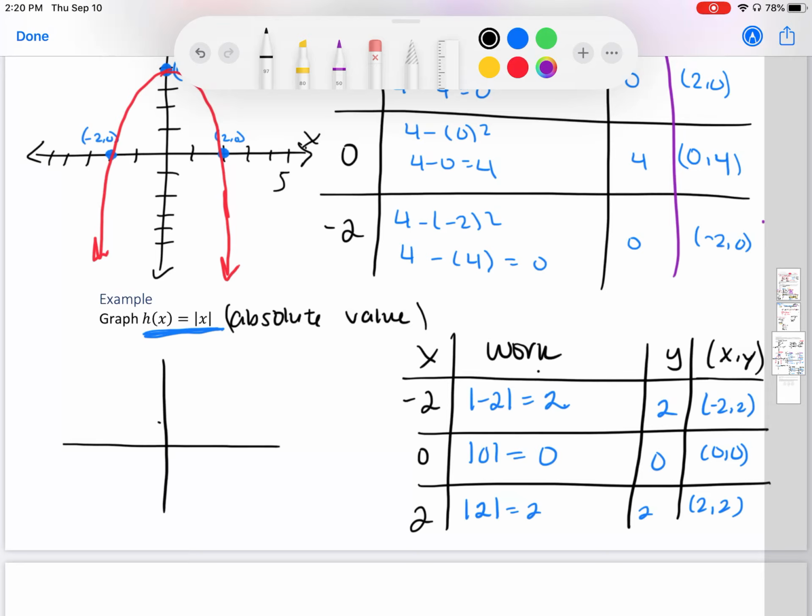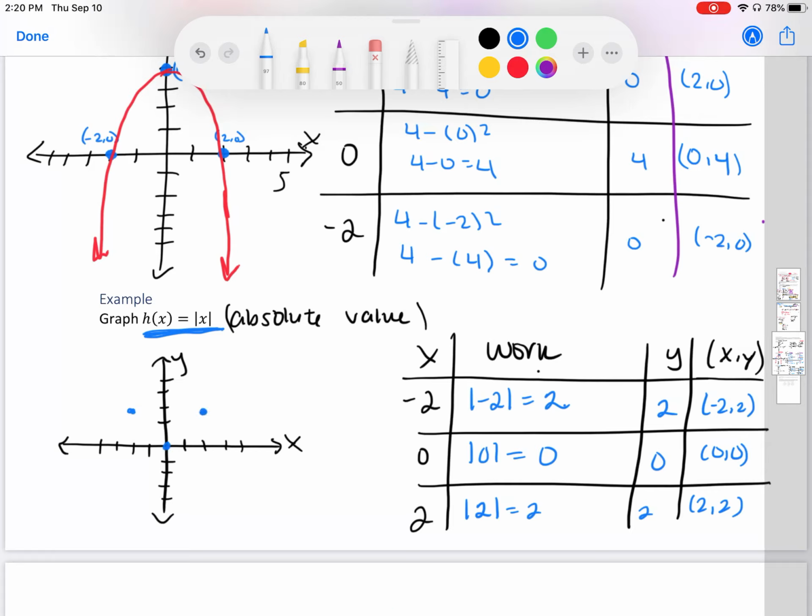I think 4 tick marks on each side should be enough. Okay, so I have (-2, 2), (0, 0), and (2, 2).